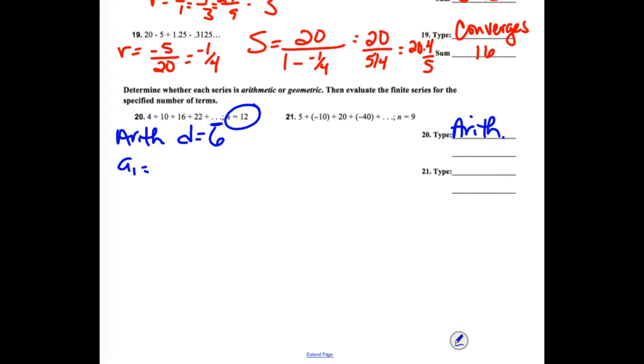So we need a sub 1, the first term, the last term, and n. So they told us n is 12. They've also told us that the first term is 4. They haven't told us what the 12th term is.